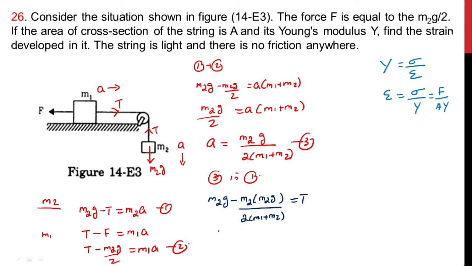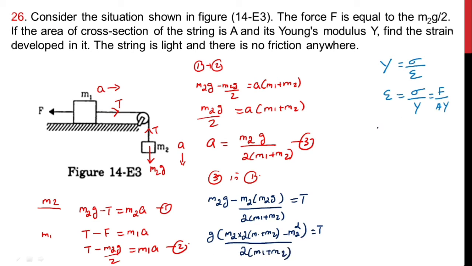We can just cross multiply. You can write the answer as g can be taken outside. Then the remaining one, M2 into 2 M1 plus M2 minus M2 square, which is equal to tension divided by 2 into M1 plus M2.